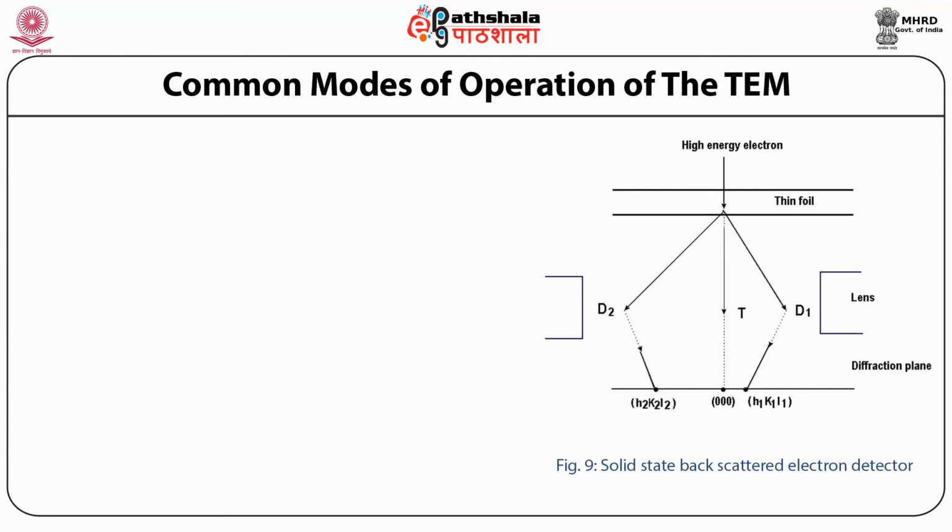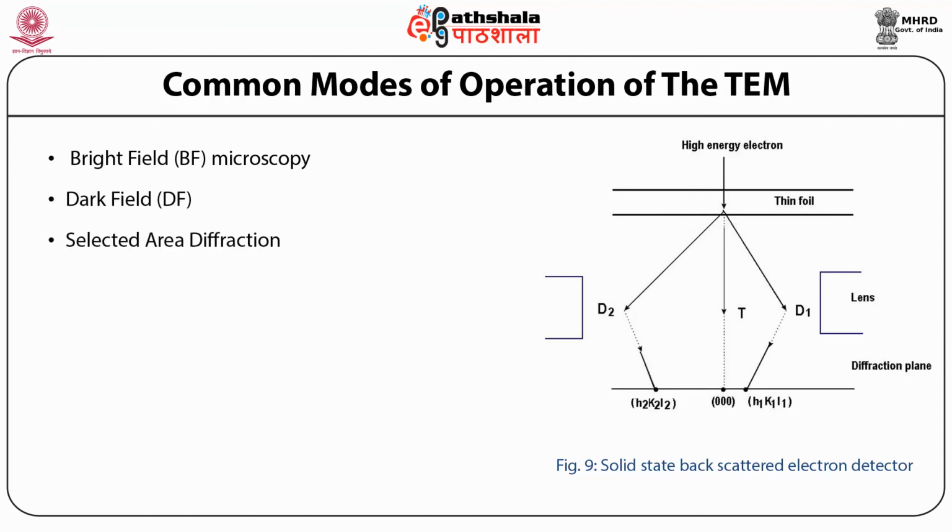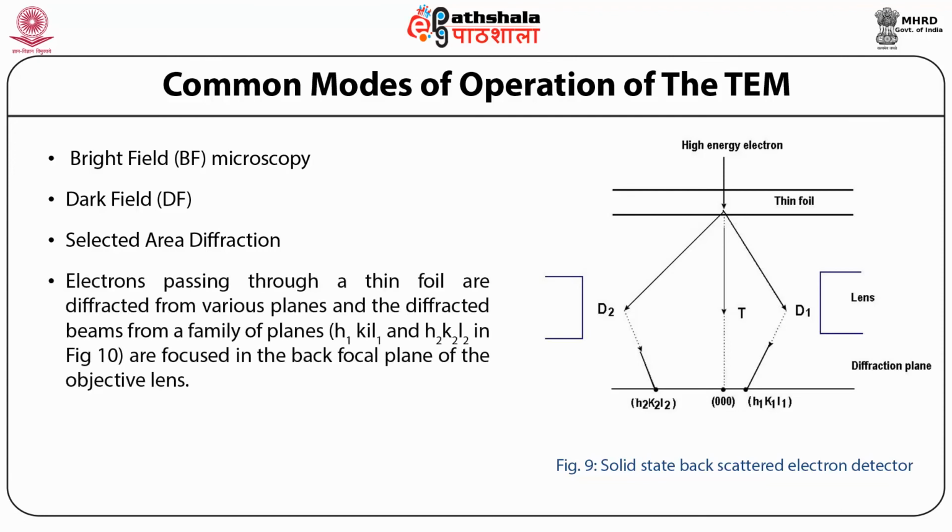The common modes of operation of the TEM are bright field microscopy, dark field, and selected area diffraction. Electrons passing through a thin foil are diffracted from various planes, and the diffracted beams from a family of planes, that is H1K1L1 and H2K2L2 in figure 10, are focused in the back focal plane of the objective lens.